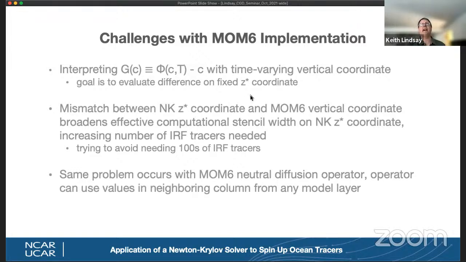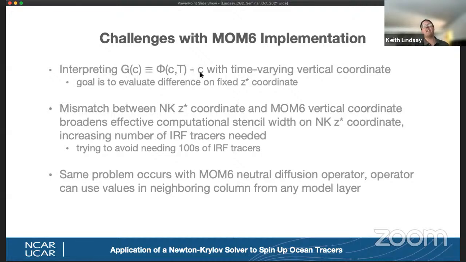Even just evaluating this function that we're trying to find the zero of, this end state minus the beginning state, is a challenge. One of the features of MOM6 is that it has a time varying vertical coordinate. And so just even interpreting what this means spatially, when you run the model forward in time n years, this is on a different vertical grid than this other term here.